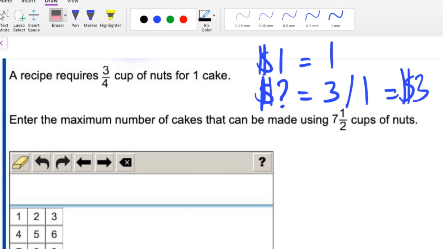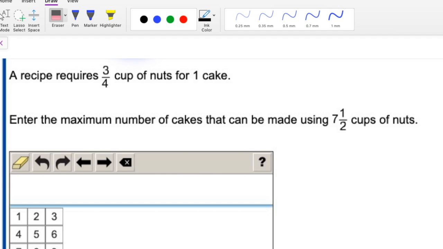So why do I bother bringing this up? Well, essentially that is the exact same thing that we need to do for this question, because it's telling us we have X amount. In this case, it would be 3/4. How much of this will satisfy 7.5 cups in terms of making a cake?